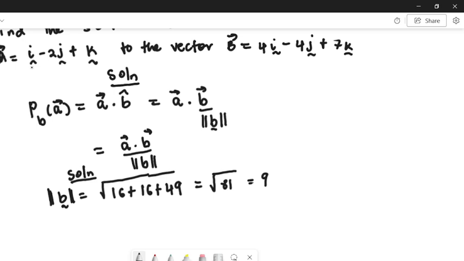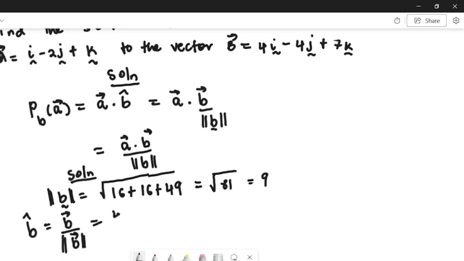So if we divide, we get B hat, which is vector B over the norm of B.